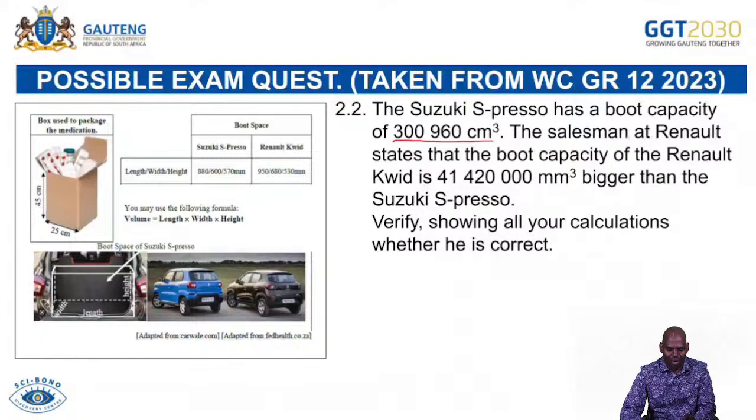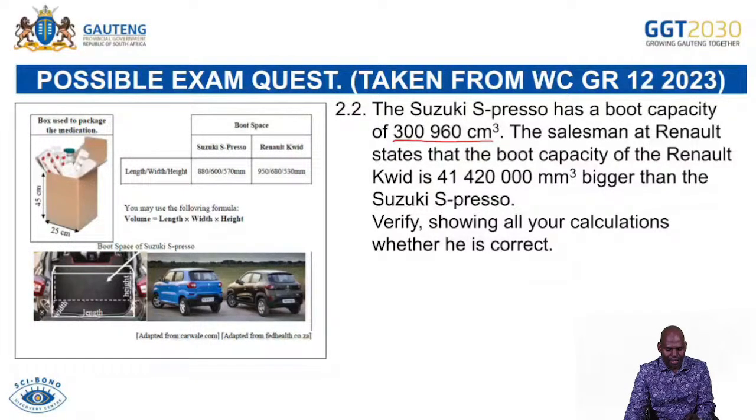The salesman at Renault states that the boot capacity of the Renault Kwid is 41,420,000 cubic millimeters bigger than the Suzuki S-Presso. Verify, showing all your calculations, whether he is correct.